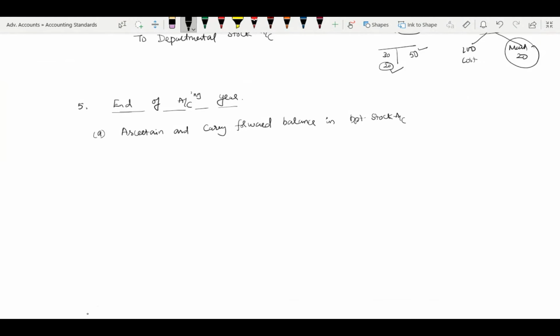Departmental stock account represents unsold stock at invoice price.